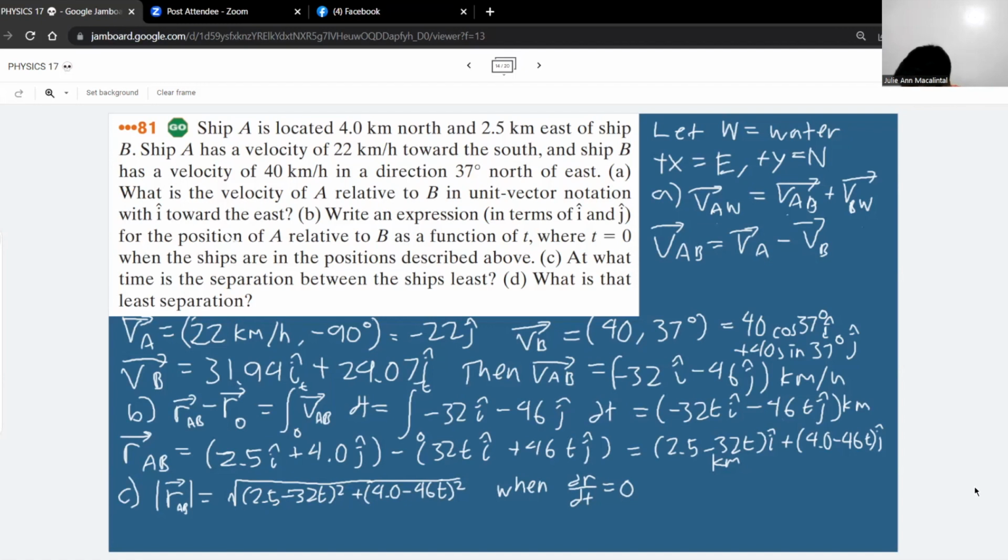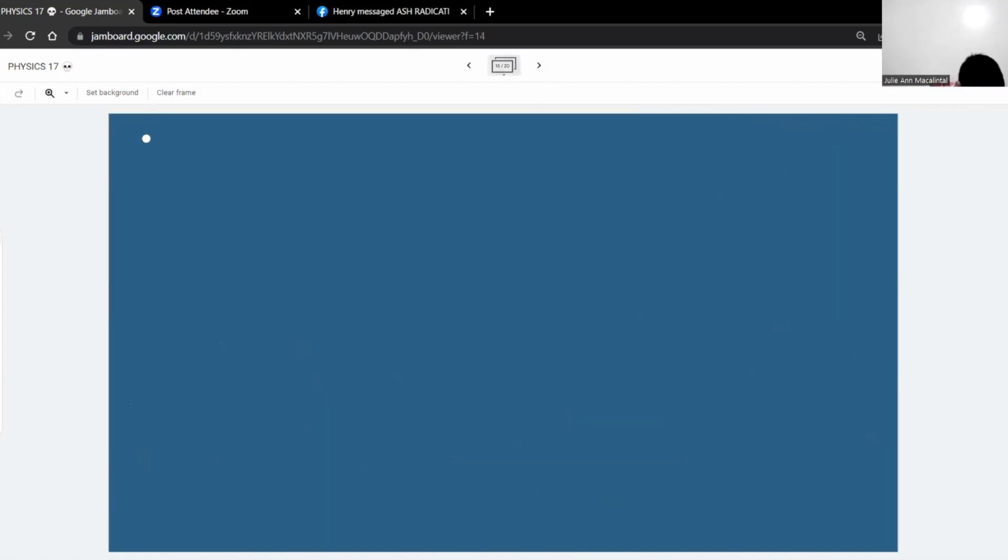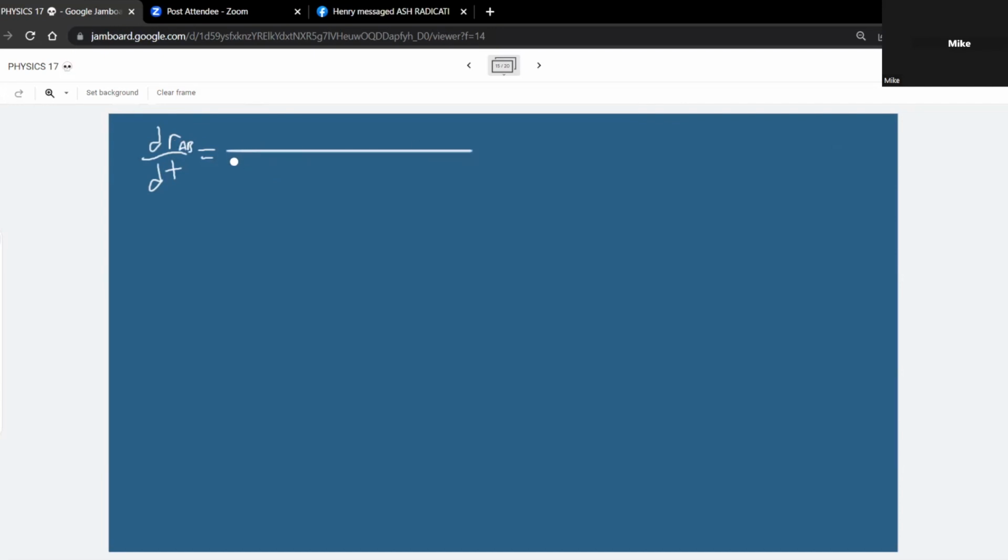Anyway, gamit kayo ng new sheet. Okay, i-rewrite mo lang yung expression for r sub AB. Sulat mo dr sub AB, tapos walang vector sign yung r. Kasi yung notation na gamit natin, pag walang vector sign sa taas, magnitude lang. Kapag meron, yun yung may components.